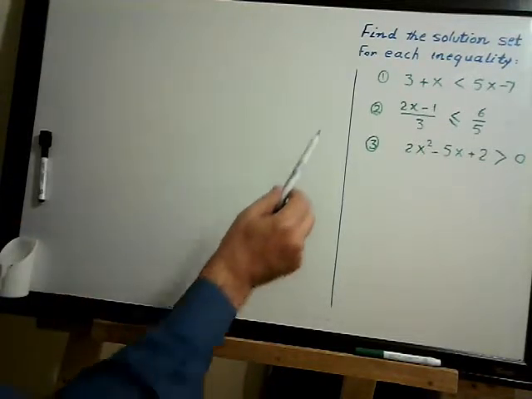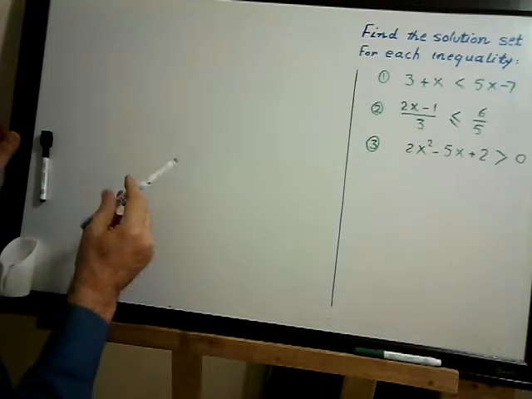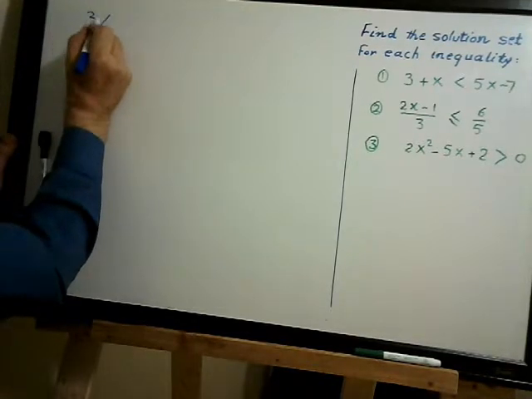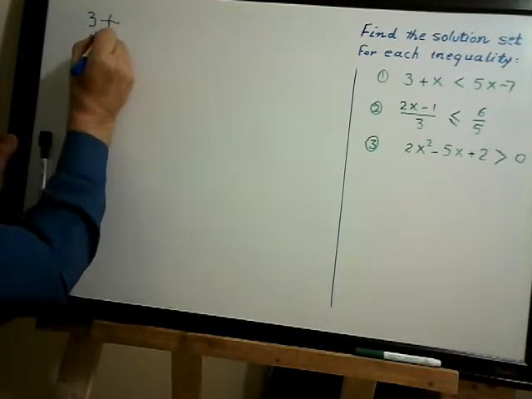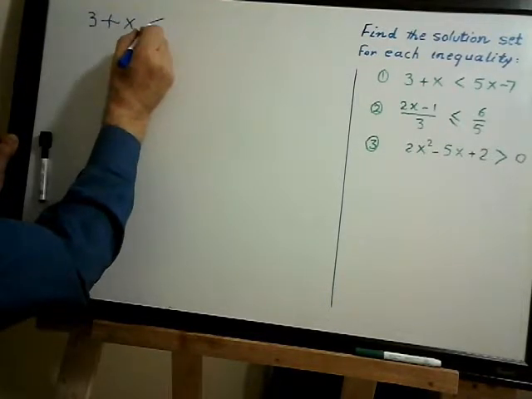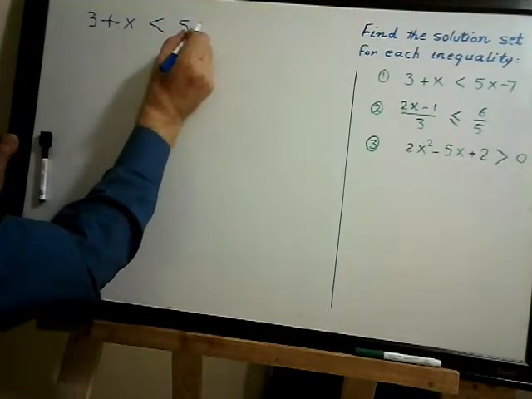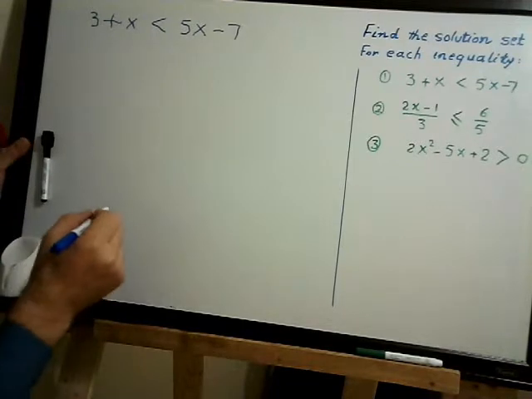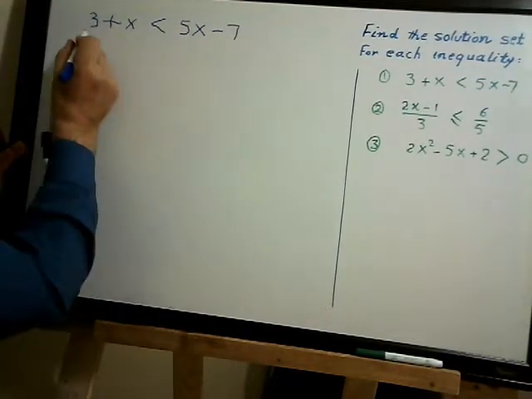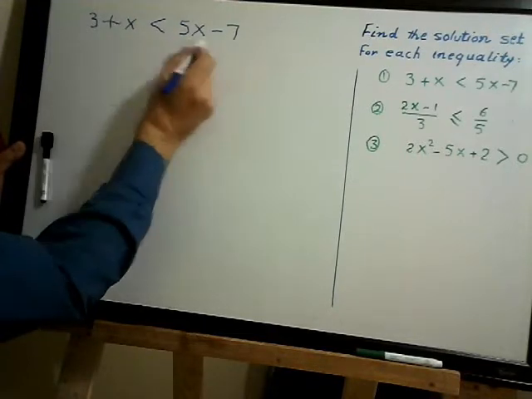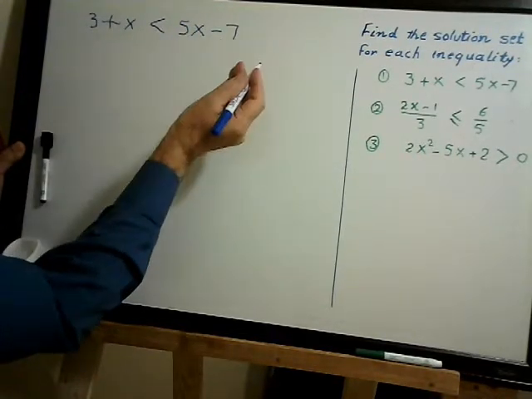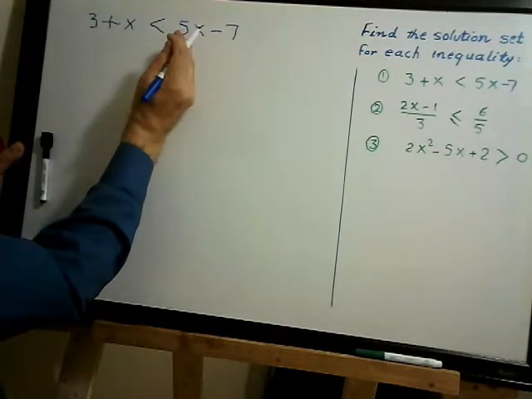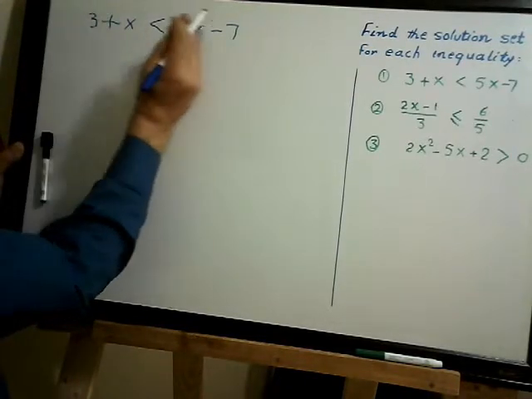The first inequality here, we will solve it. It says 3 plus x is less than 5x minus 7. We want to make an arrangement for this inequality by putting the terms that include x together and the terms without x together.